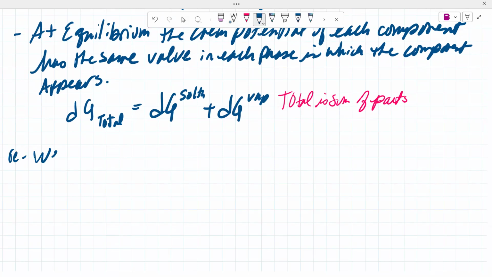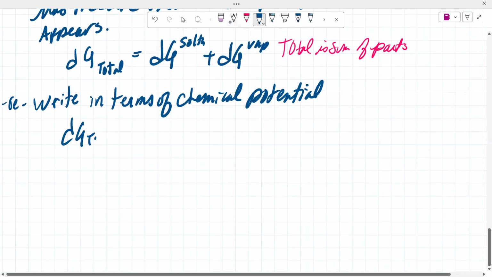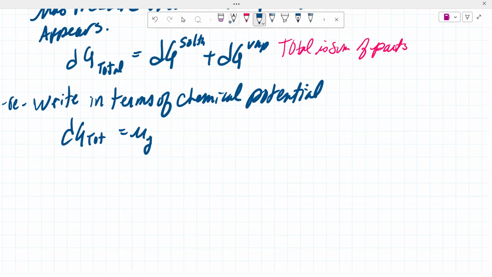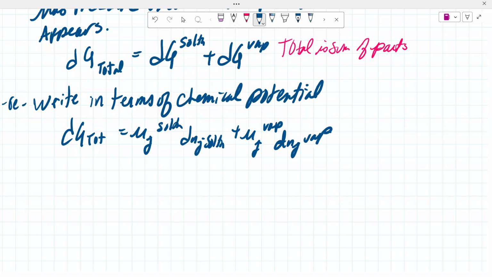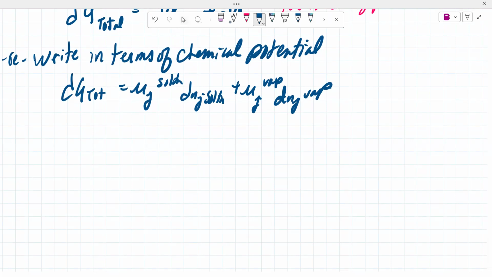Right, in terms of the chemical potential: solution, vaporization. Oh, it looks like a Venn diagram.